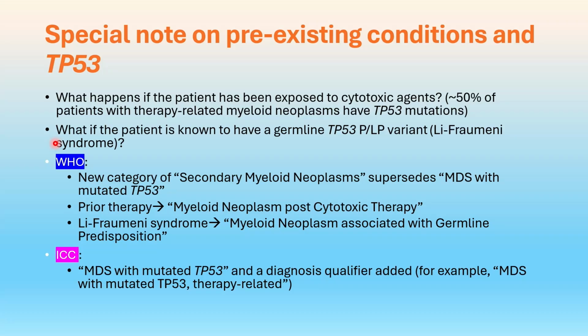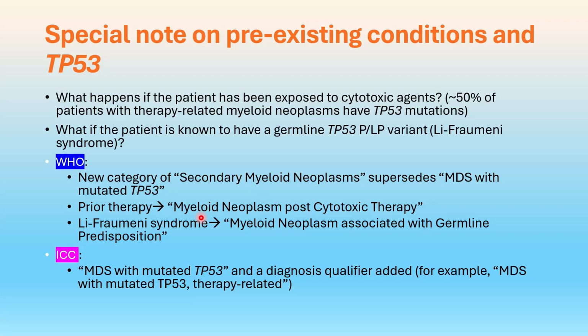So just to point out what happens to patients who had prior cytotoxic therapy, who had a previous cancer, or someone who maybe has a germline abnormality in p53. The WHO and the ICC take a very different approach, extremely confusing. The WHO has this completely new chapter that is called secondary myeloid neoplasm. And what they say is that if the patient has a history of prior cancer, that supersedes p53.